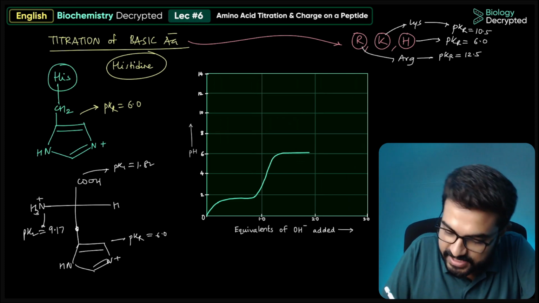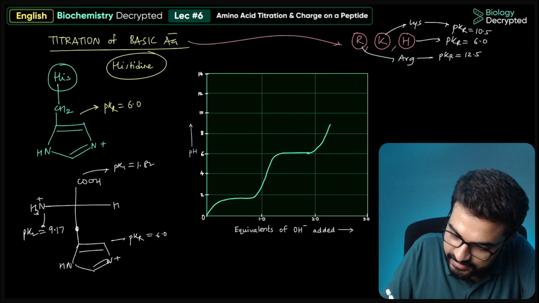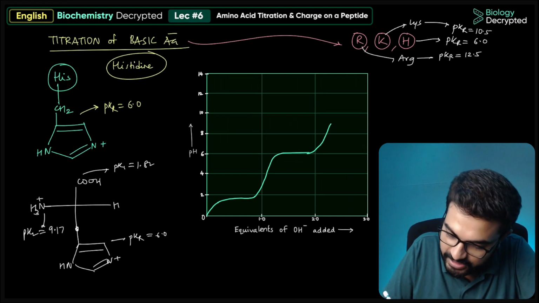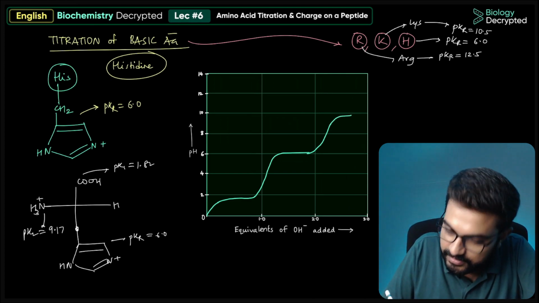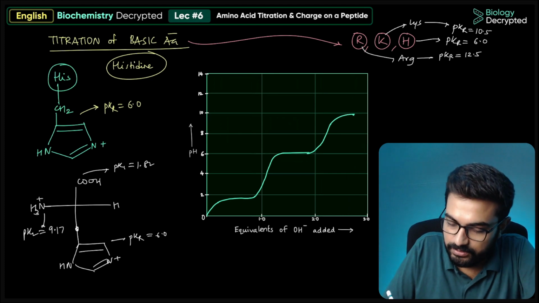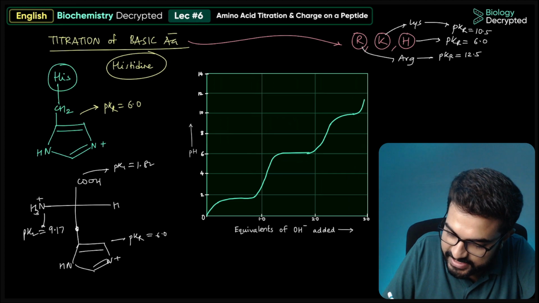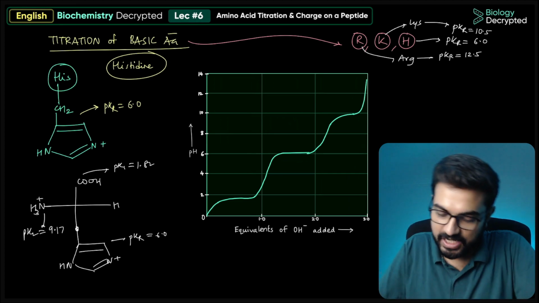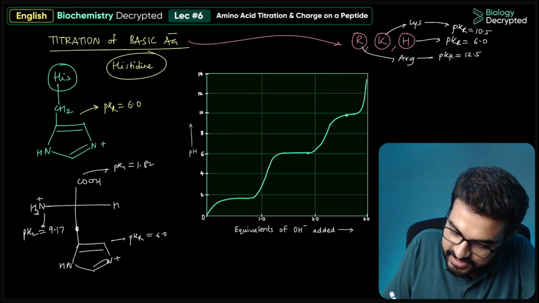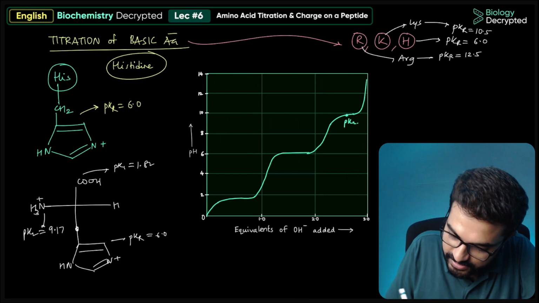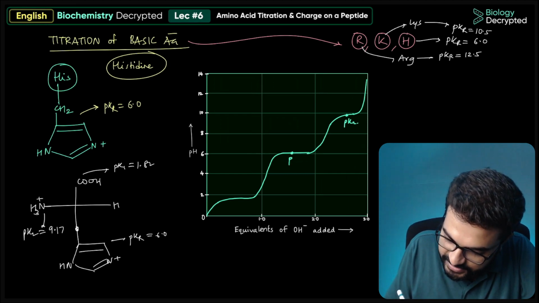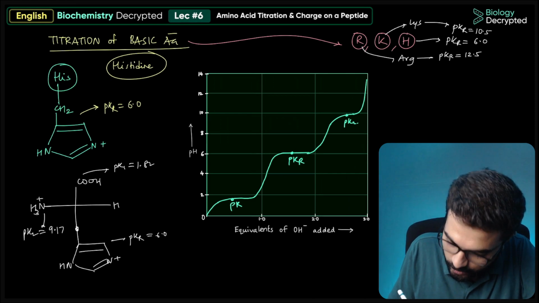Now what will happen is this will again rise, and at a value of 9.17 there will be pK2, and this will rise again, and this will go here. So this is pK2, this is pKr, and this is pK1.